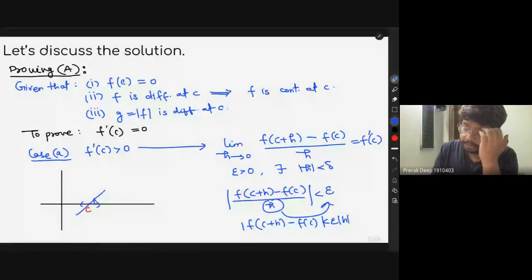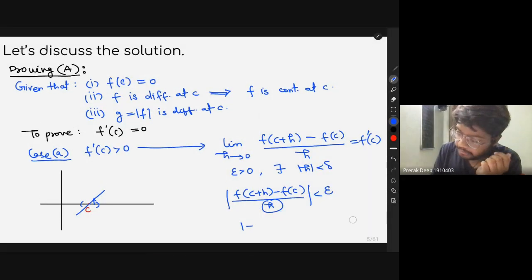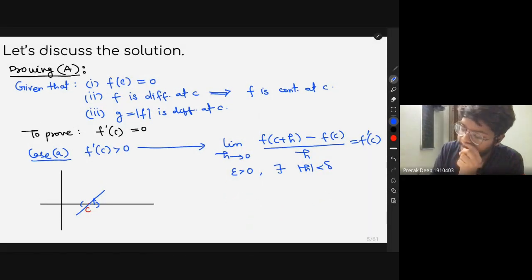If I assume that this quantity is some f prime of C, and I subtract it from this, then the limit will be 0.